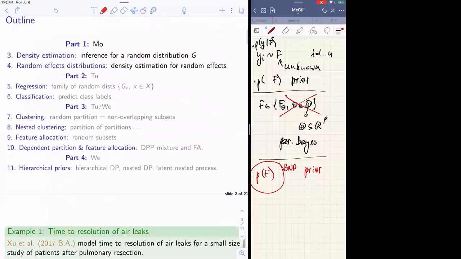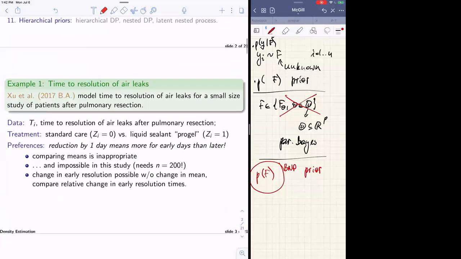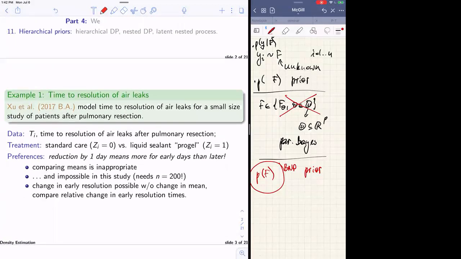And here comes the first one, the most beautiful of all, the Dirichlet process. To introduce it, let me just start with a little example. This example is about the data T_i. T_i is the time it takes to repair a leak in the lung of patients who underwent some lung surgery.